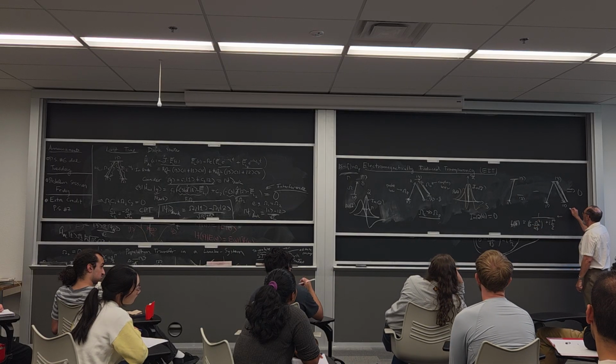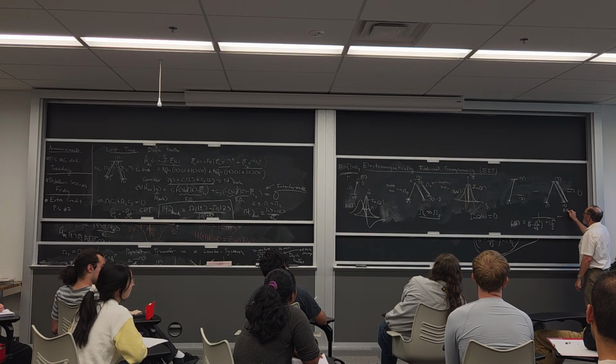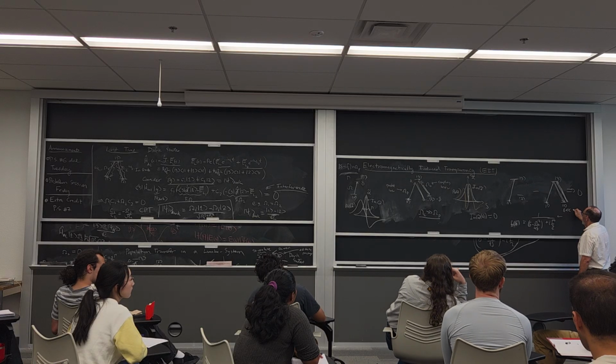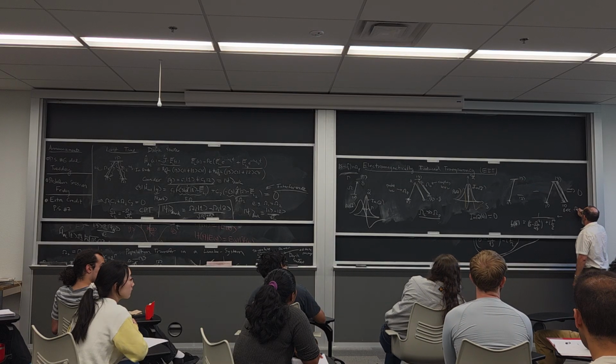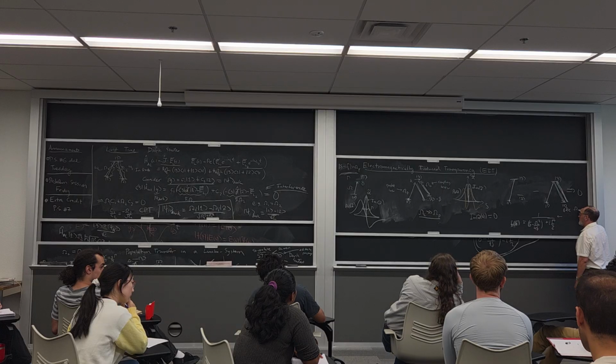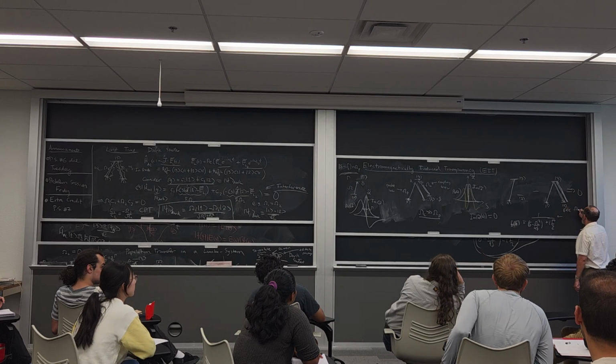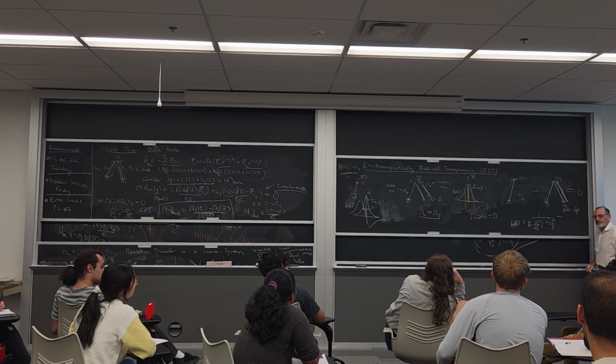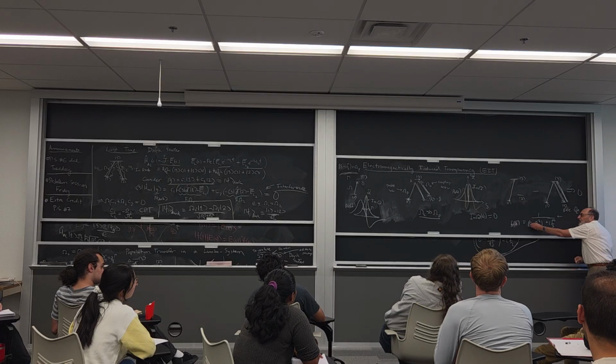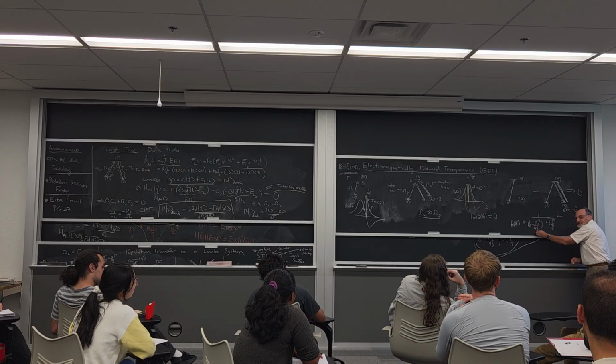So in the limit when delta is much, much smaller than this over 2, then I can ignore that term and then I have this.